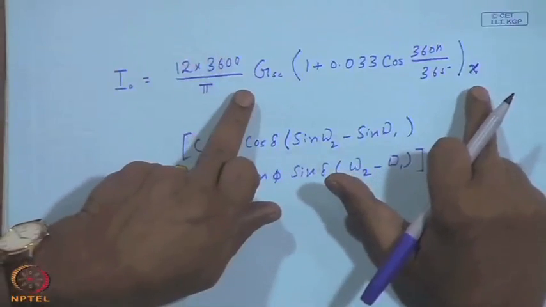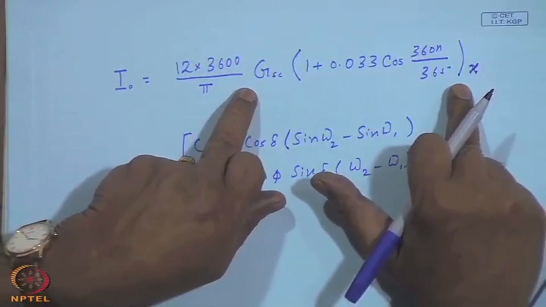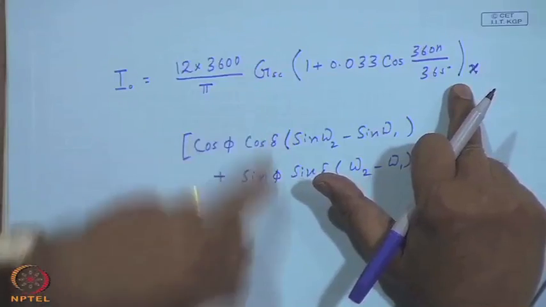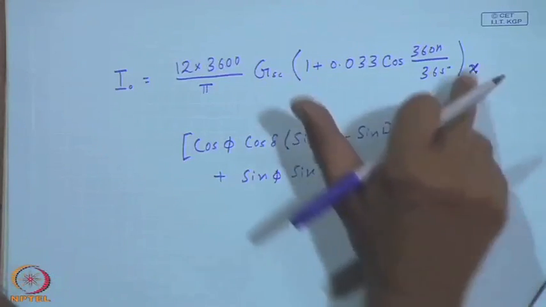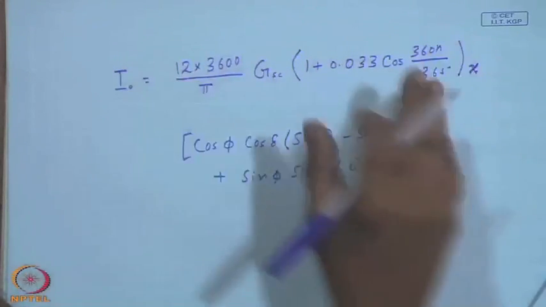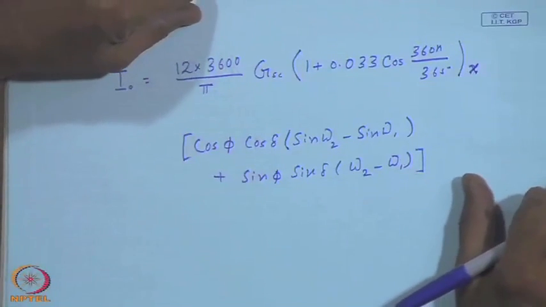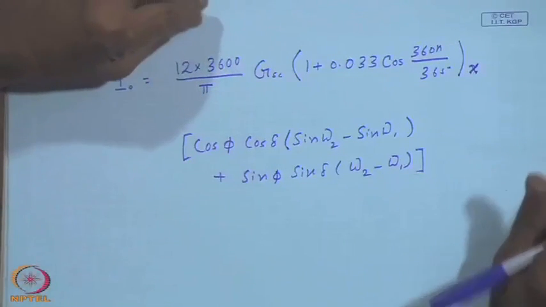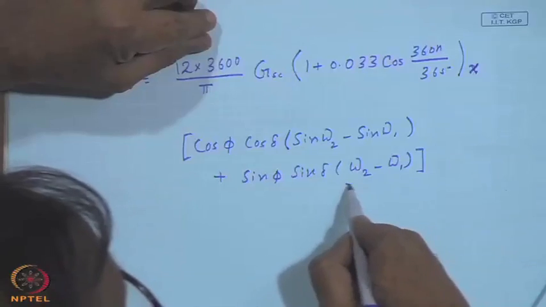This is almost a standard form: G_SC into 1 plus 0.033 cos 360 n by 365, from which you can construct I_0, H_0 or whatever it is by integrating over the appropriate time interval. About radians, this is where you have to be careful.